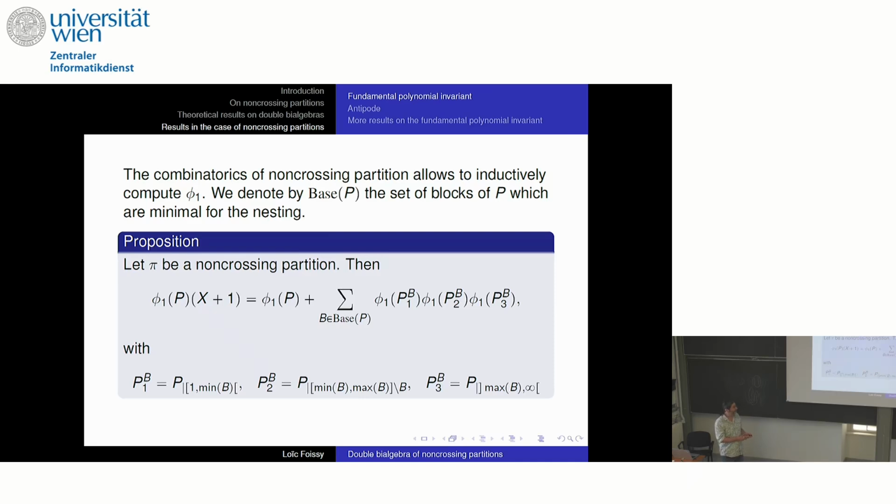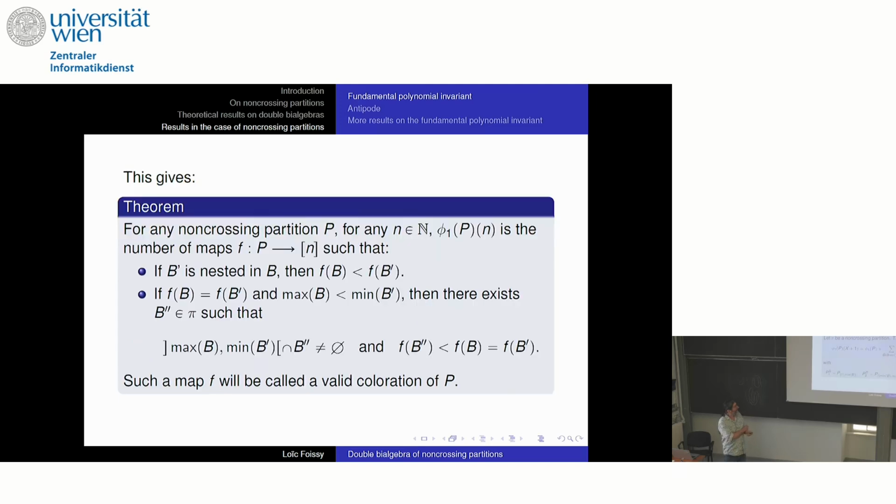So how does this work? Here, think of the interpretation of this. This is a coloration of the blocks of P with n plus 1 colors. So you add a color which could be 0. Because of the increasing condition, if a block is colored by 0, it should be in the base because of the nesting condition.